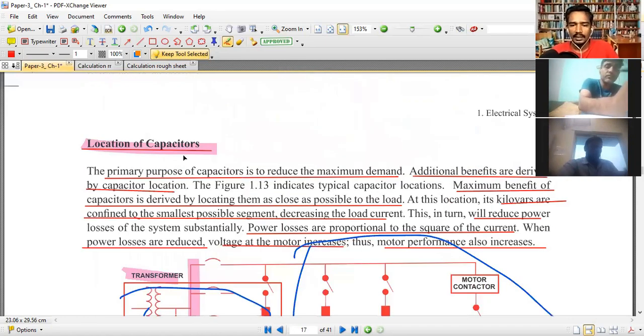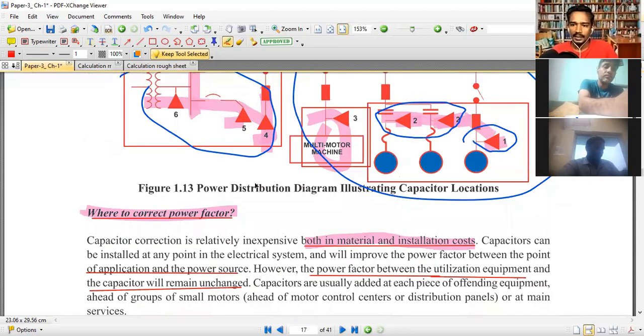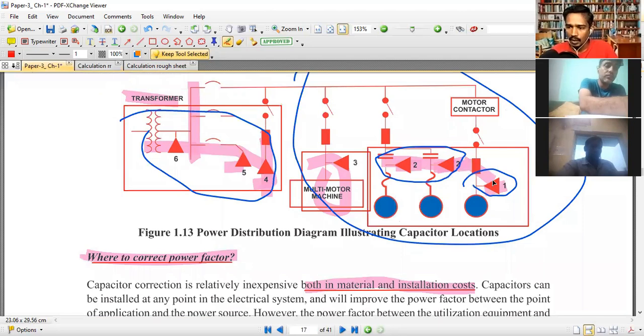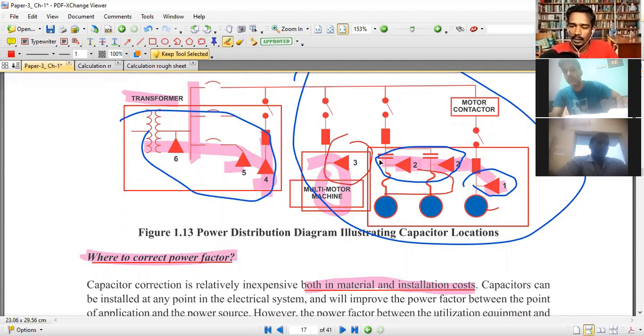Next, location. There are various locations where the capacitor can be placed. In industry, one is directly at the motor terminal, and another is in the middle, after the fuse, for a multi-machine setup with, say, 20 motors. This section is an individual motor, and this section is 20 motors.